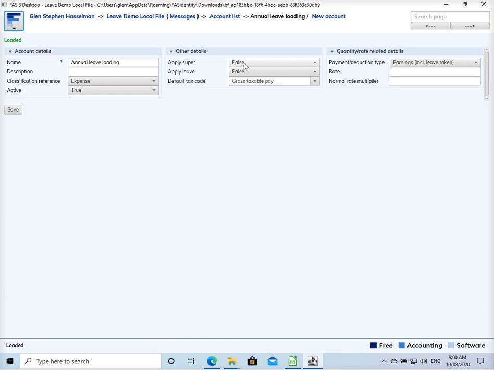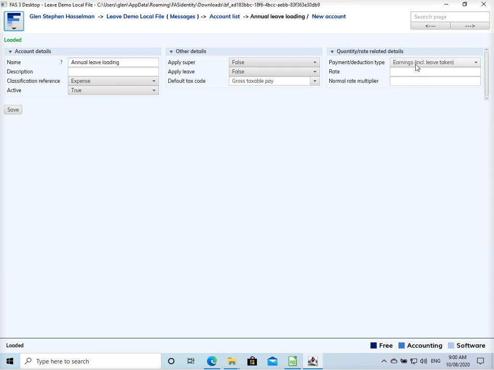Annual leave loading, I think, was a compensation for not being able to work overtime whilst you're on annual leave, and so that annual leave loading is considered an overtime payment rather than ordinary time earnings, and super only applies to ordinary time earnings. Apply leave is false, and default tax code is gross taxable pay. So this can just go into the normal gross taxable pay on the STP lodgement.